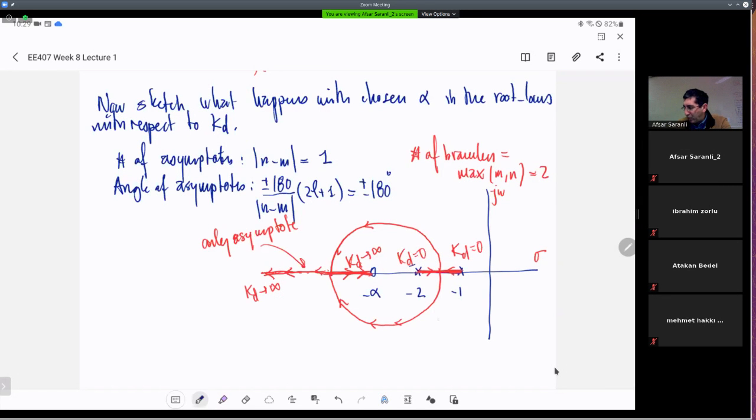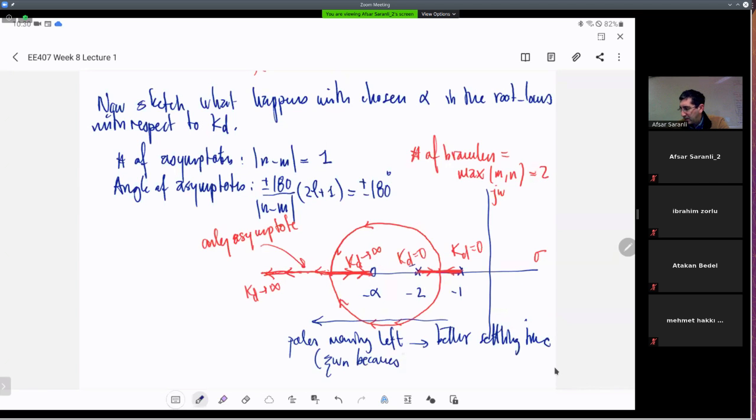So as I move this way, poles moving left means better settling time. Why? Because psi omega n becomes larger. As psi omega n increases, Ts equals 3 over psi omega n becomes smaller.